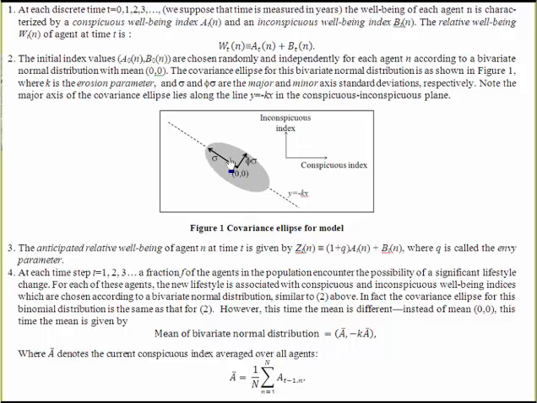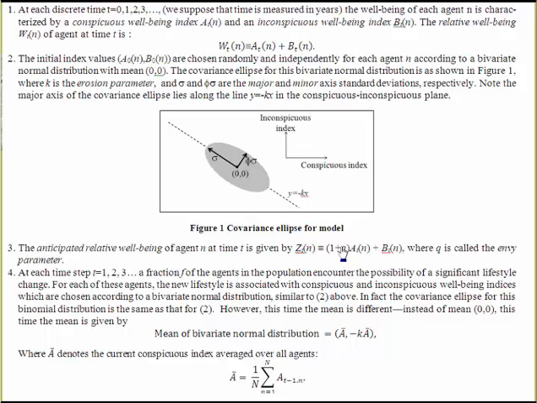Okay, so this is the actual relative well-being of the agents, and each agent has a well-being that's chosen independently according to this common distribution. Now, on the other hand, the anticipated relative well-being of the agent, according to his estimation, is given by this expression. Notice it's almost the same as well-being, except for this factor Q, where Q represents the envy.